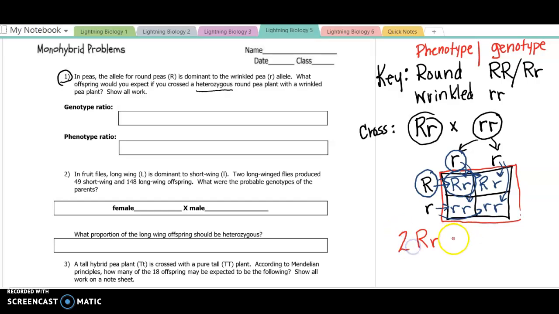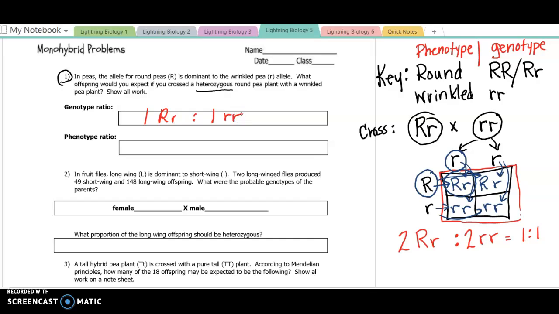And I also am going to get little r, and for every 2 heterozygous, I'm going to get 2 homozygous recessive. And so 2 to 2 could be reduced to a 1 to 1. So for every heterozygous, I'm going to get 1 homozygous recessive. And so that I will write right here. For every 1 heterozygous, I'm going to get 1 homozygous recessive.